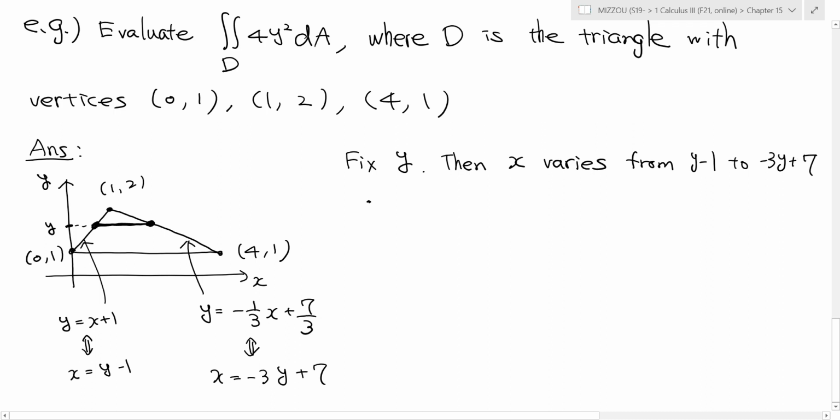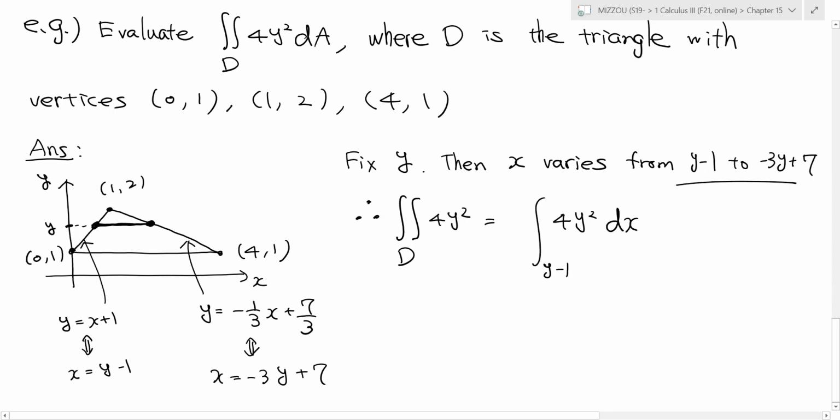Therefore, the given double integral of y squared dA is written as, well, first you integrate y squared, and then you integrate with x, and x varies from y minus 1 to negative 3y plus 7.